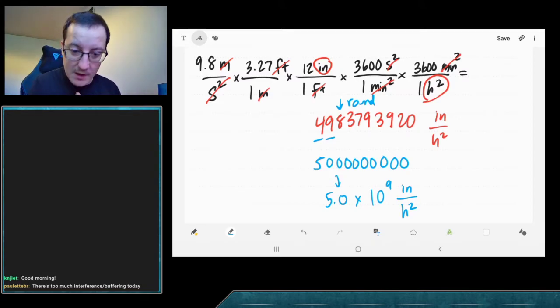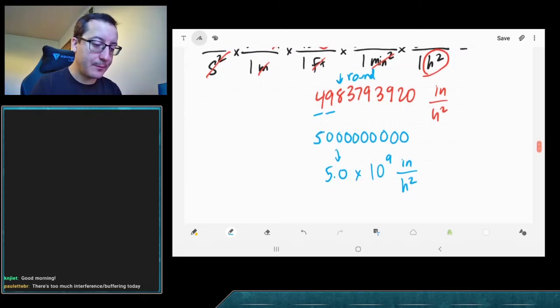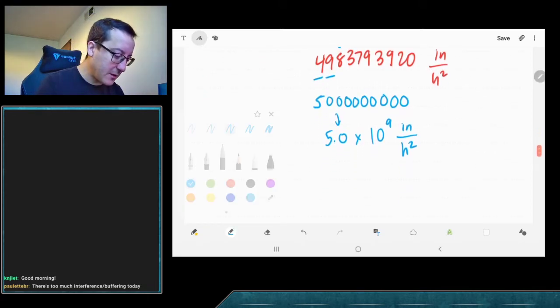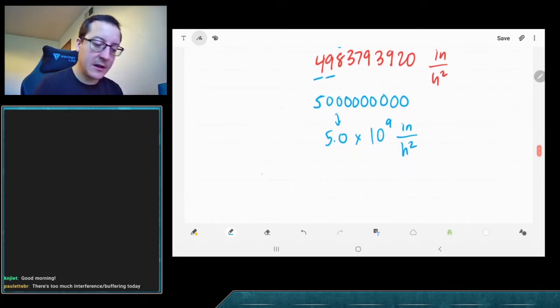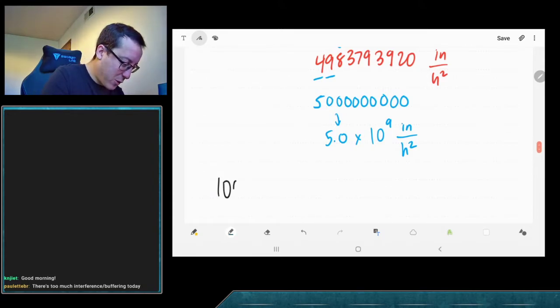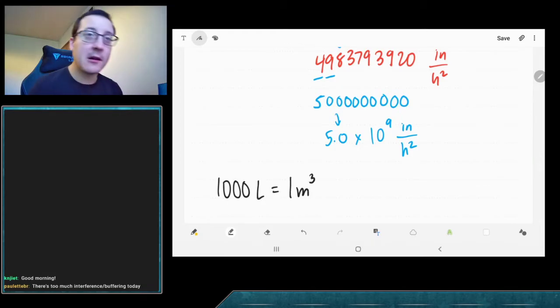There is one thing that you may get confused with this. There is one conversion factor that is important for us. It's 1,000 liters is 1 cubic meter. This already has cubic meters in it, okay?